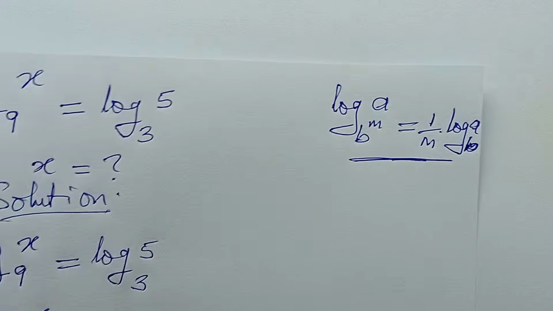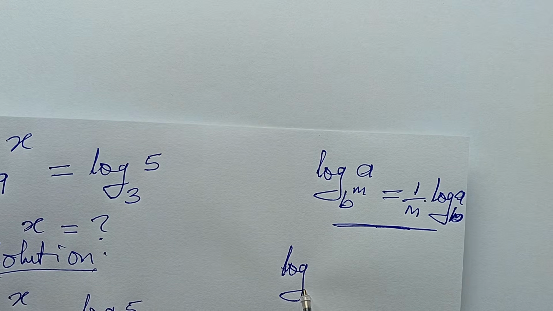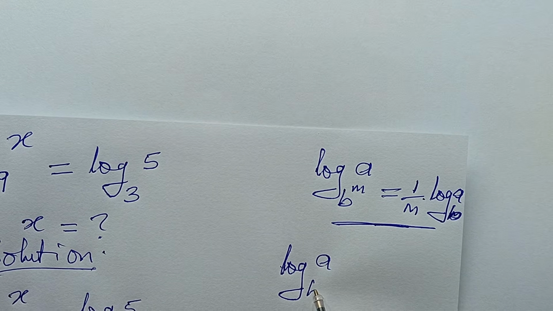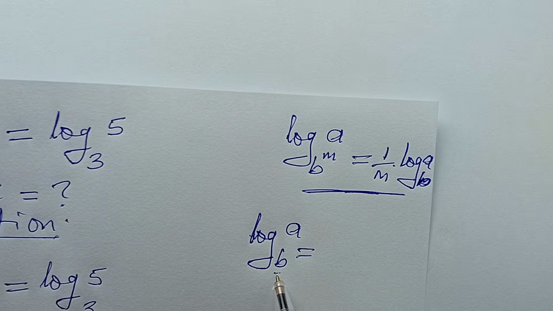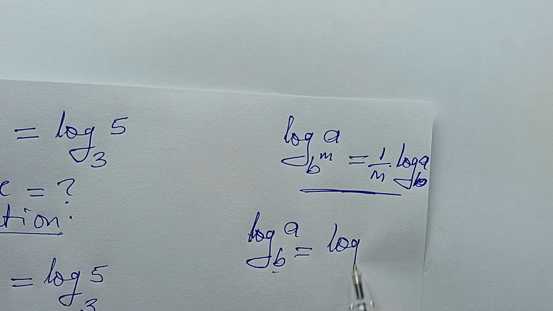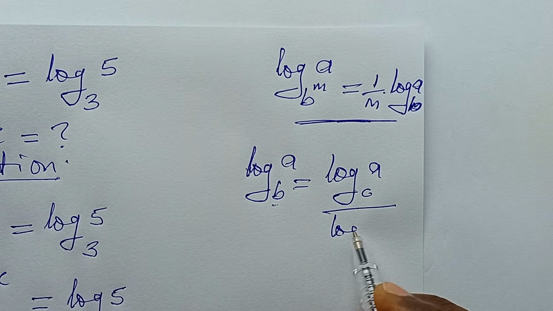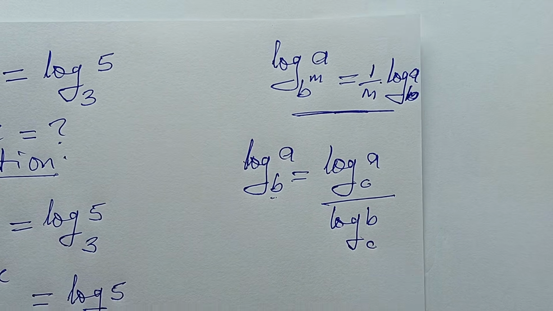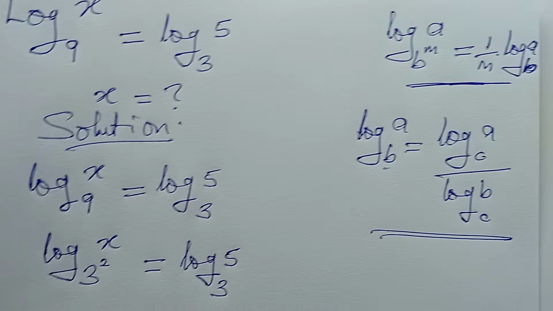The change of base law says that if you have log a base b and you want to change this base to c, then this is going to give you log a base c all over log b base c. So either we apply this law or we apply this law, but let me take this one here now.